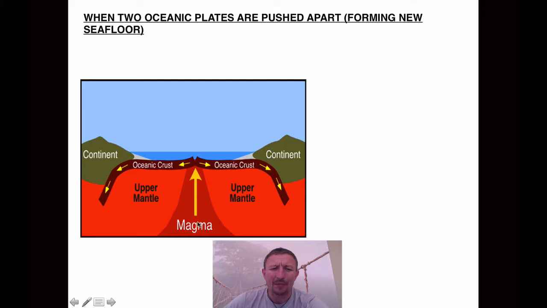Now, at that gap, the hot magma is going to spill out. Now, the trouble is, this is underneath the ocean here. Because the ocean is incredibly cold, especially deep down, and we're talking thousands of meters down possibly, this gap forming is incredibly cold.